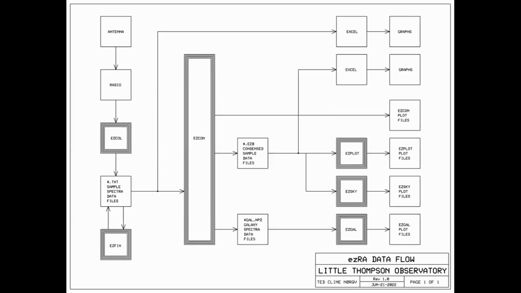So I came up with an idea for different kinds of computer programs to analyze this data. Follow my cursor in the top left-hand corner. Sure enough, there's some hardware. It has a coax cable that goes into a radio. That radio is controlled by some kind of computer program. There are several to choose from.